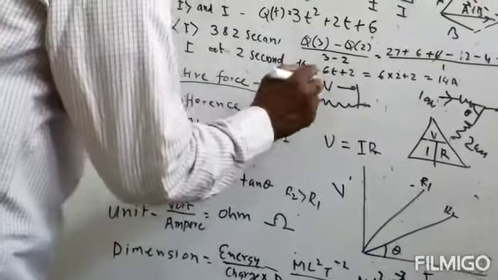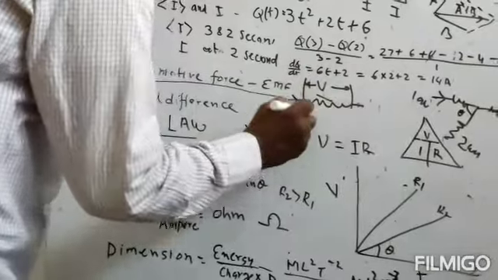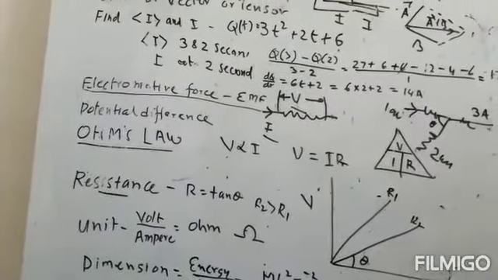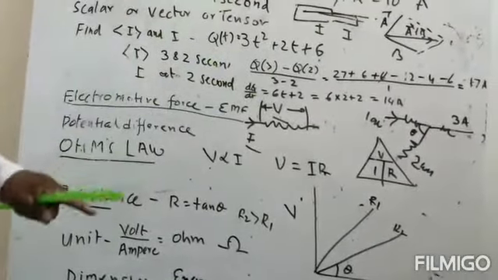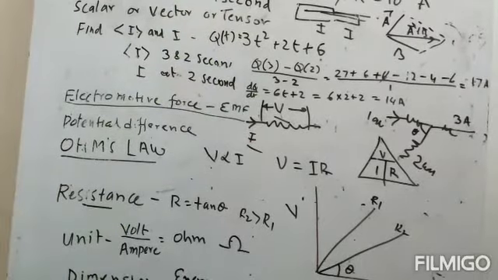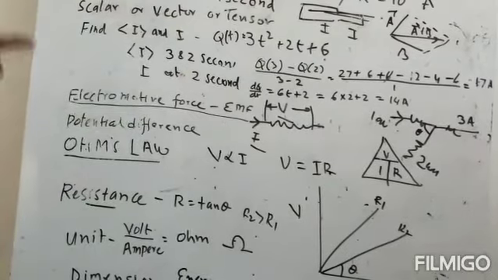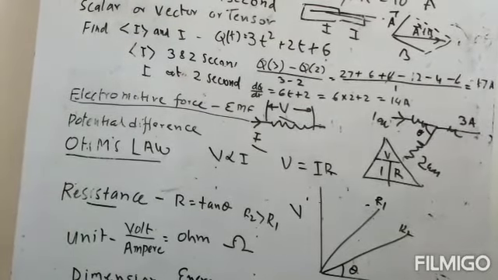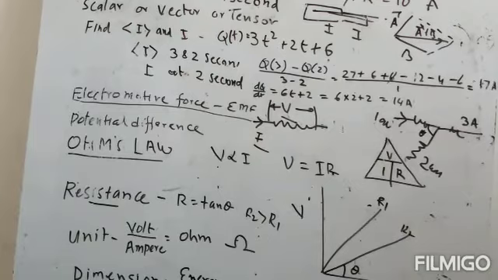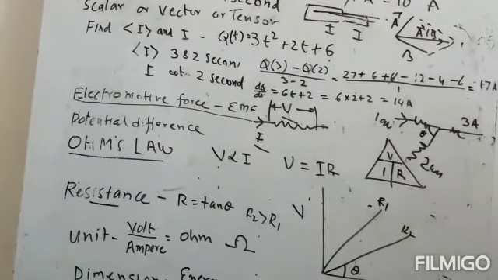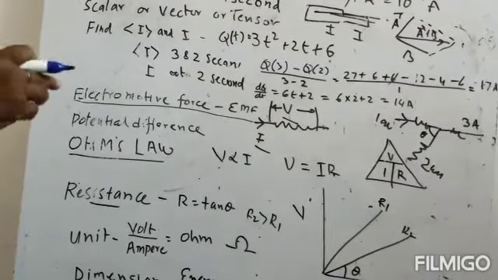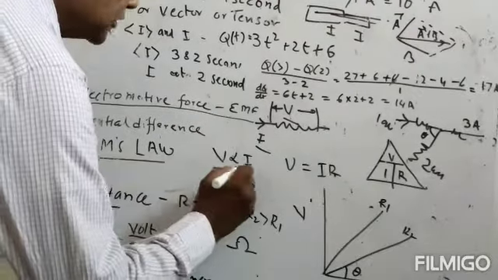Then the potential difference is proportional to the current. It also says that if the physical conditions of the conductor remain the same, then the current passing through the conductor is always proportional to the potential difference across its terminals. So V is proportional to I.